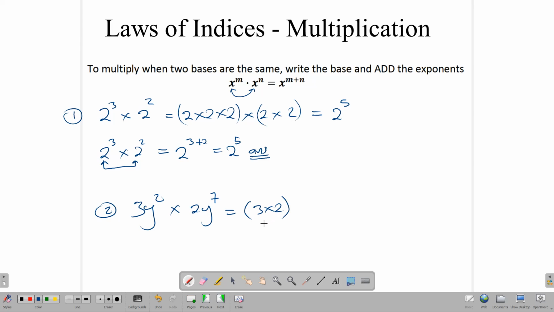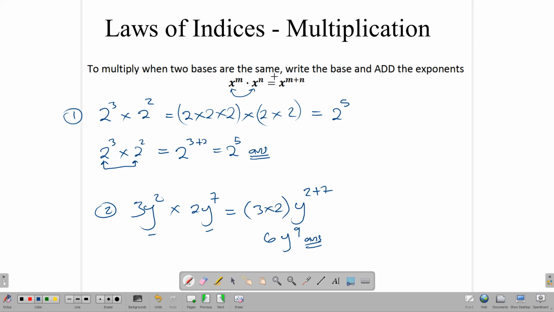Those are our coefficients, and our base here is y. Notice it's the same base, so we write our y, and then we simply add the powers, 2 plus 7. So we have 6y to the 9th power, and that would be your answer there.